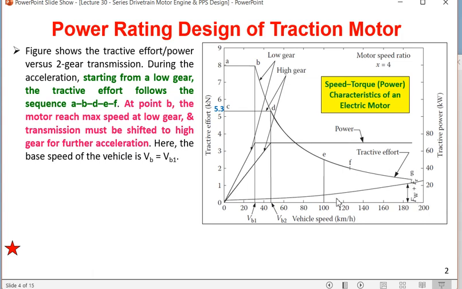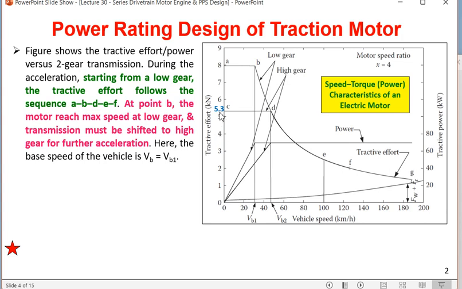You are finding the AB region is the constant torque region for VB1, that is the base speed 1, and CD is the constant torque region for base speed 2. In case of the first gear, which is the AB, DEF characteristic, the maximum tractive effort at the starting is 8 kilonewton, and the same thing for the second gear is 5.3 kilonewton.